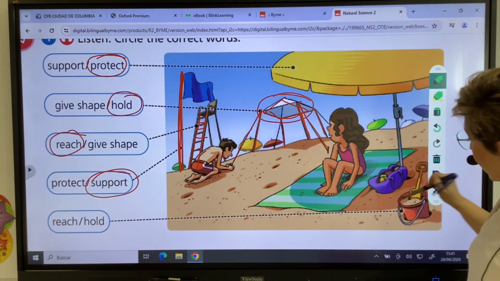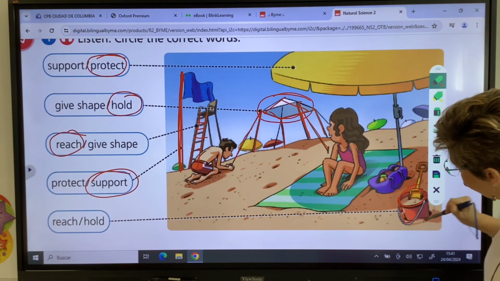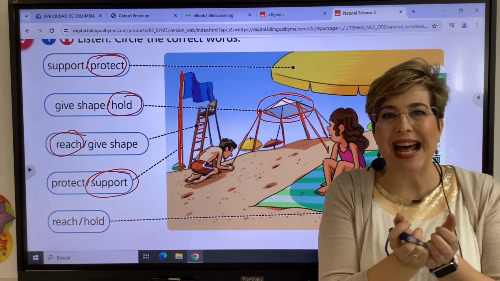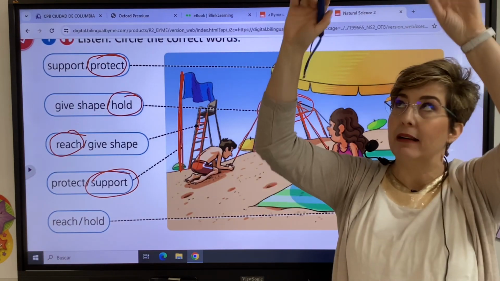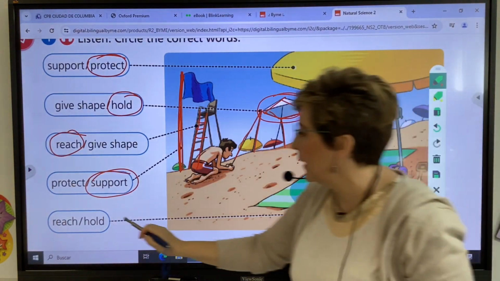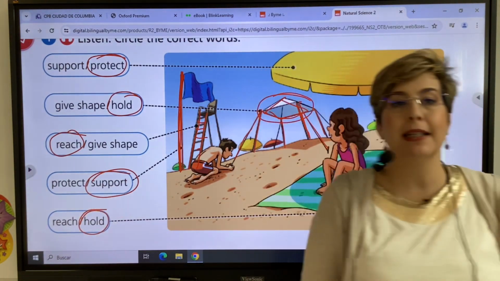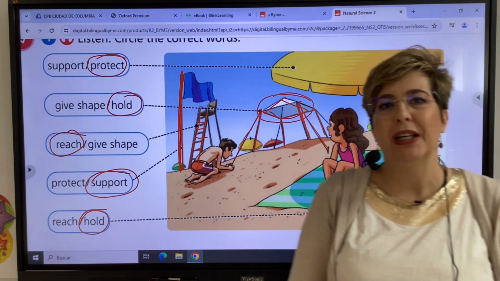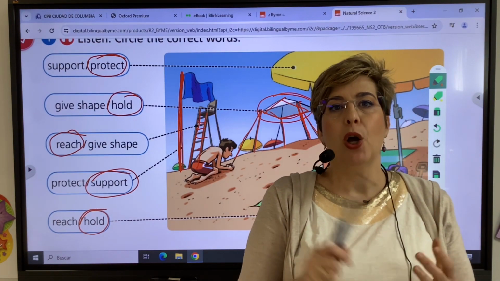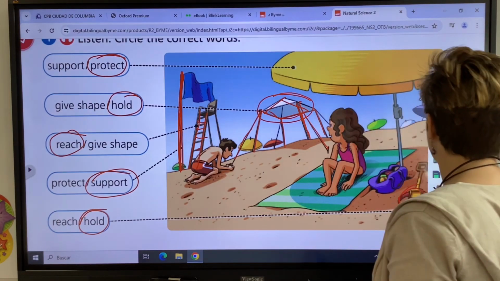And the bucket holds the sand. Not the sun, the sand. La arena. Okay, the bucket holds the sand. Very good. Let's do another activity about the uses of structures.